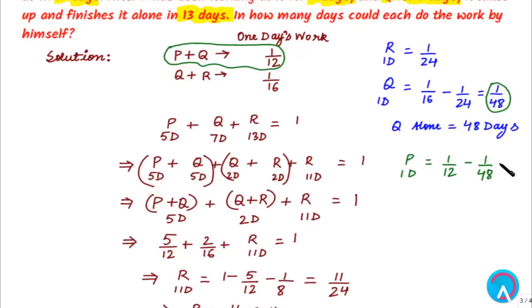And when this is calculated, it comes as 1 by 16. So P alone can finish this piece of work in 16 days. So in this question, we found separately in how many days P, Q and R can finish this piece of work. Let's look at one more method of doing this question.